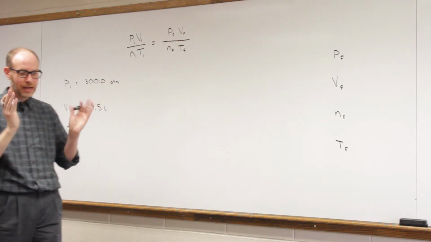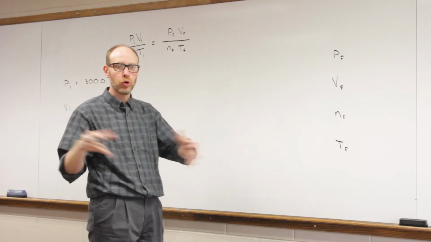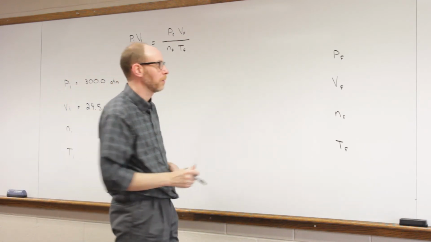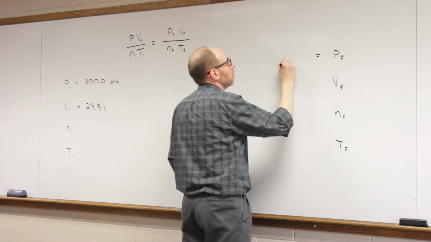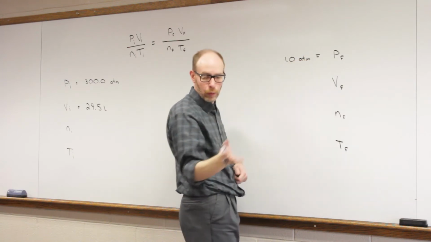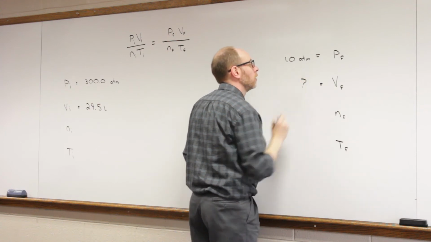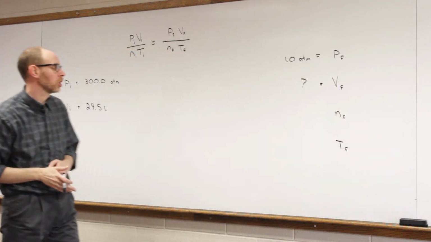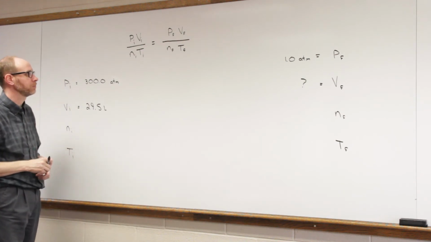Now we're going to take that gas, we're going to let it out into a room where the pressure is 1 atmosphere. So that final pressure is going to be 1.0 atmosphere. We want to know what volume will that gas occupy at that particular pressure relative to the 300 atmospheres that we had initially.